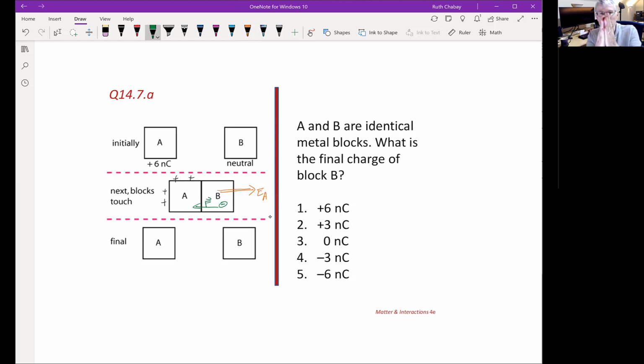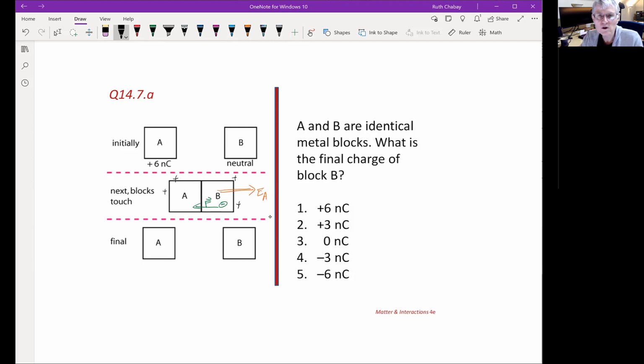Now, when they get there, if these blocks are touching, is there anything to stop them? There's actually nothing to stop them from just moving on to block A. And so electrons are going to start moving onto block A, meaning that block A is going to get less positive. And now we've lost some electrons from block B, so B starts to get slightly positive.